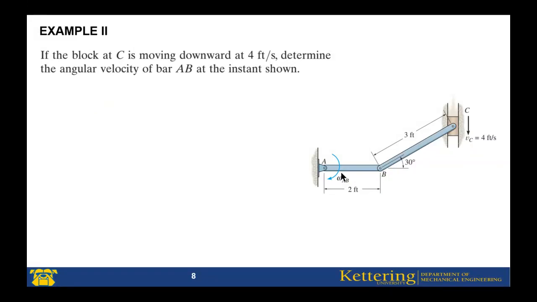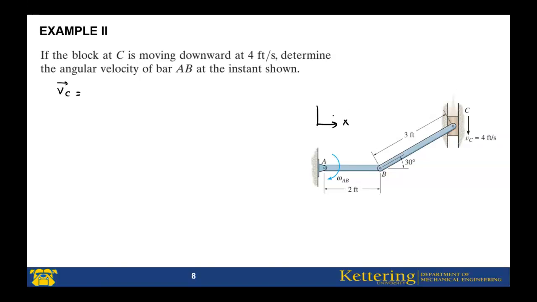If the block at C is moving downward at 4 feet per second, find the angular velocity of the bar AB at the instant shown. For this example, the velocity of C is given.